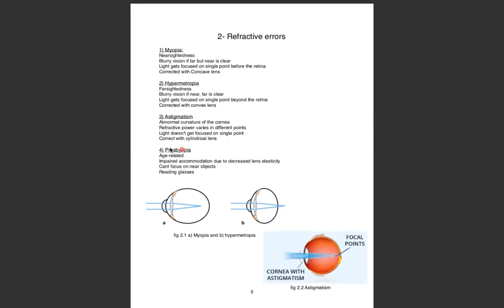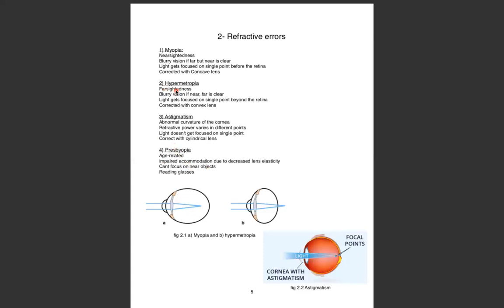We have presbyopia. Presbyopia is age-related, and it's similar to hypermetropia, but it's not already there. It happens with age. They can't focus on near objects. So they can see what's far, but they cannot see what's close, and they just need reading glasses. So the vision of elderly people is not hypermetropia, it's presbyopia, which is basically that elasticity is lost.